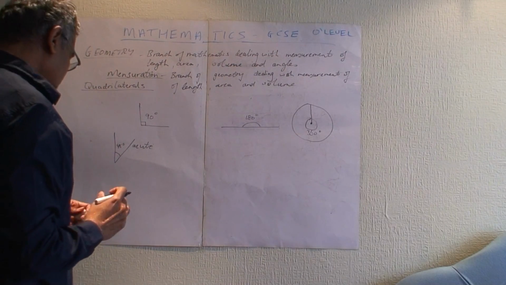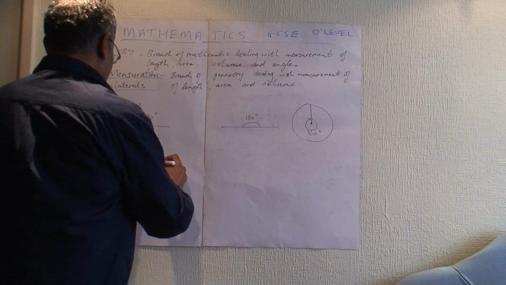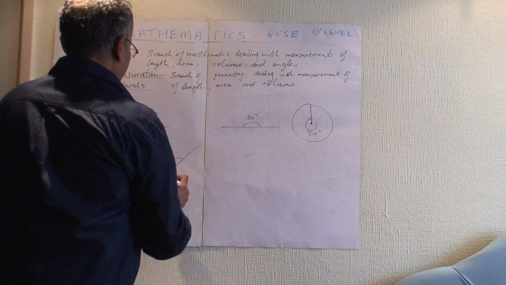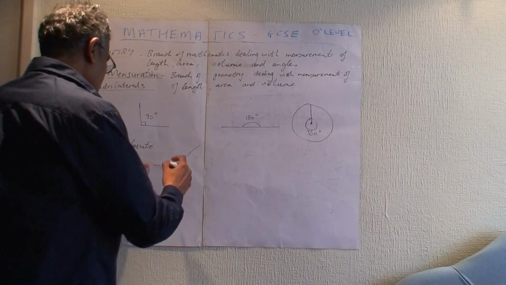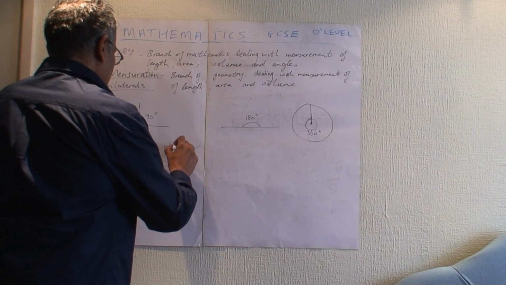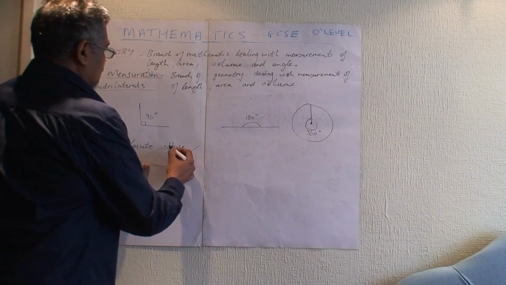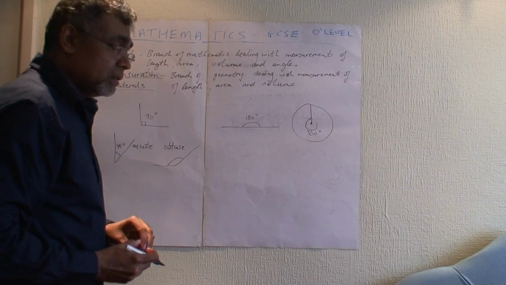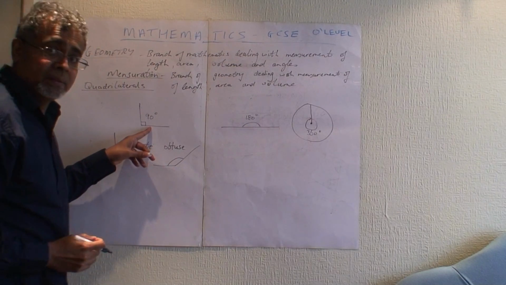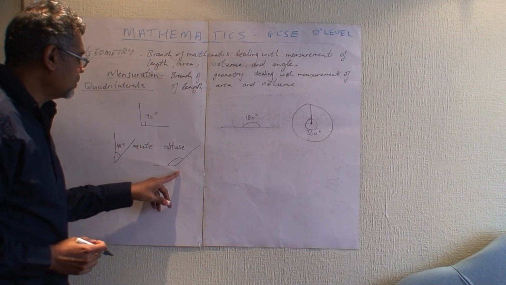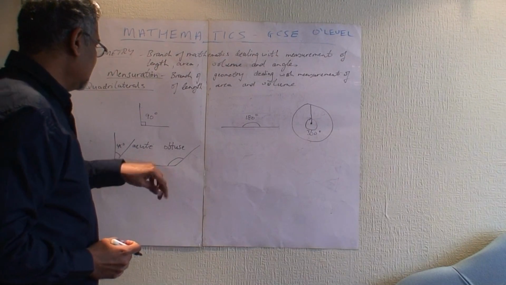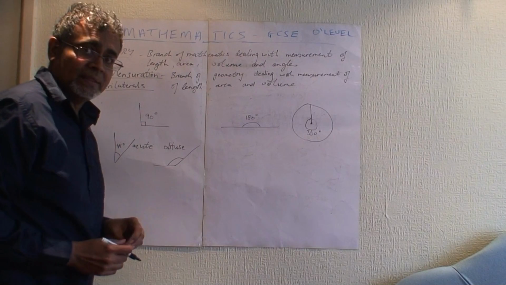You will see another angle that looks like this, and that is known as obtuse, O-B-T-U-S-E, obtuse angle. Obtuse angles are greater than 90 degrees but less than 180.